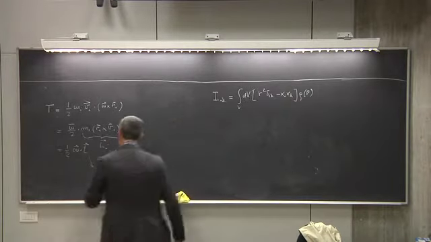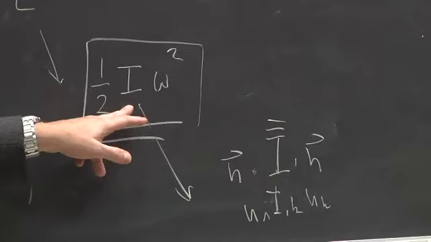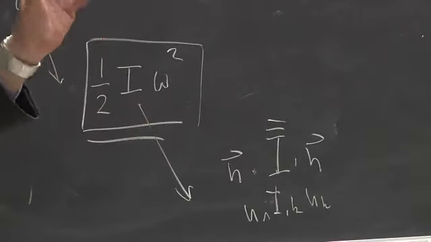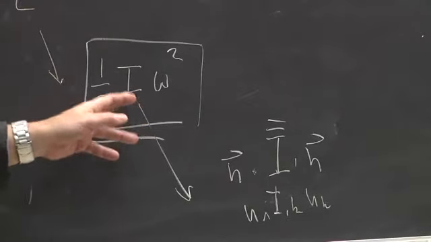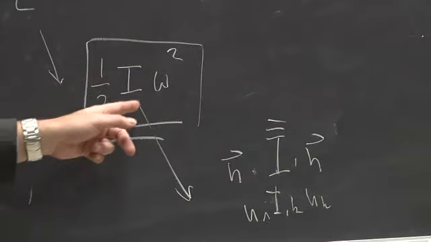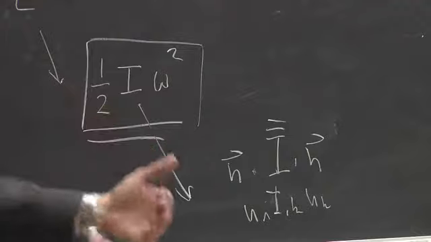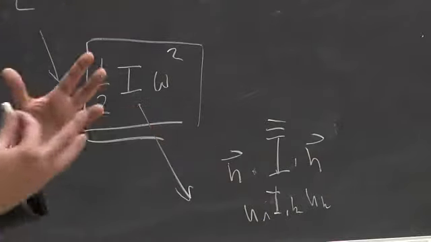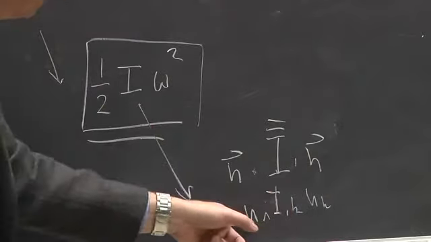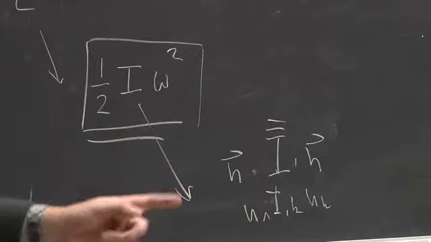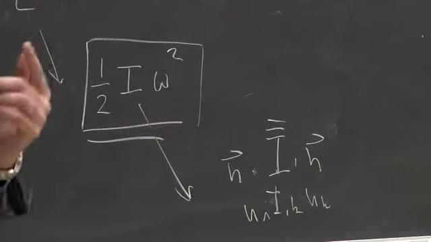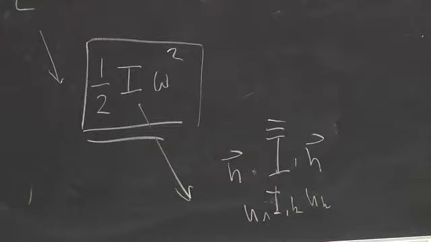And here you can say that the kinetic energy under rotation of your rigid body is 1/2 the tensor of inertia, this quantity I here that I saturated and made into a scalar through this construction, times not v square but omega square.